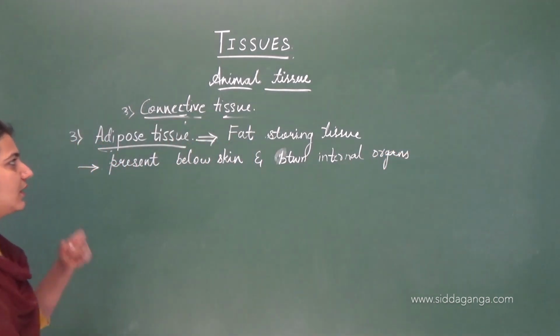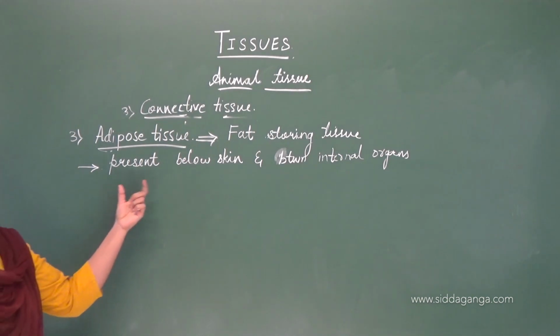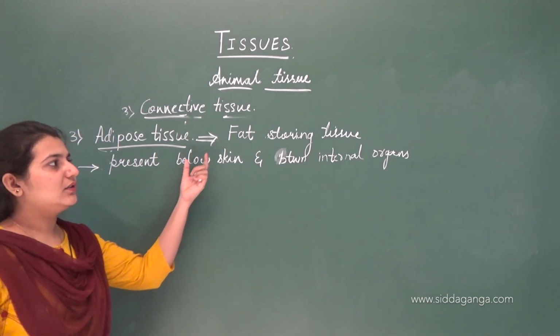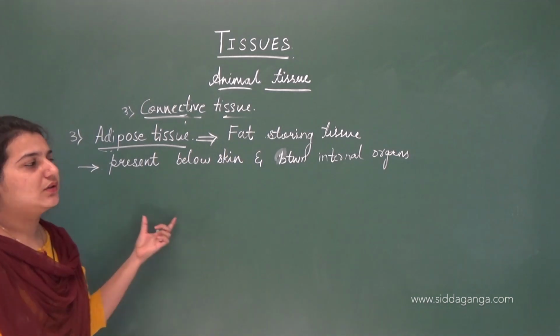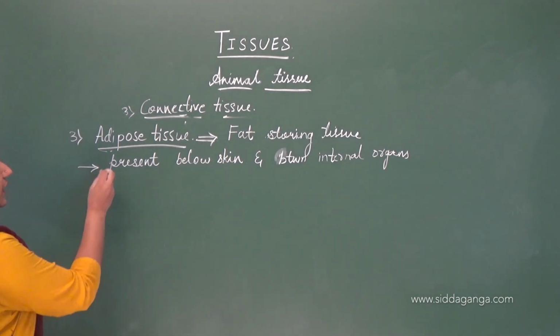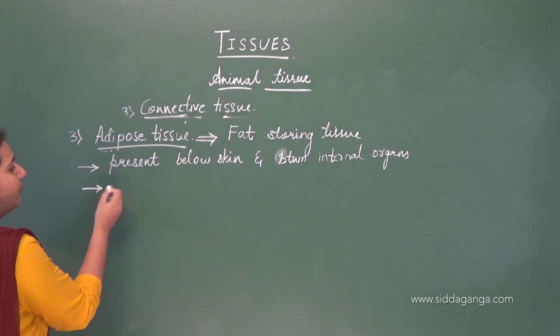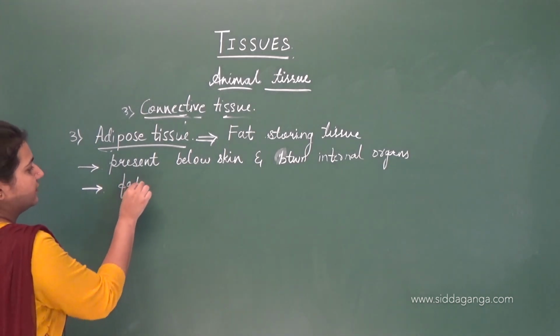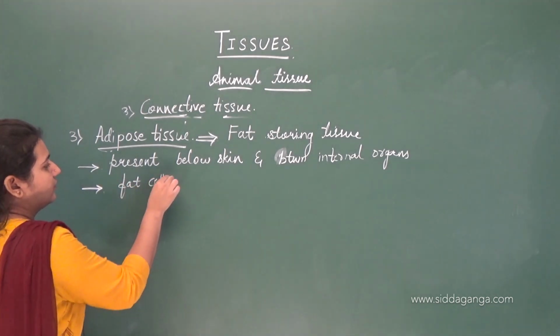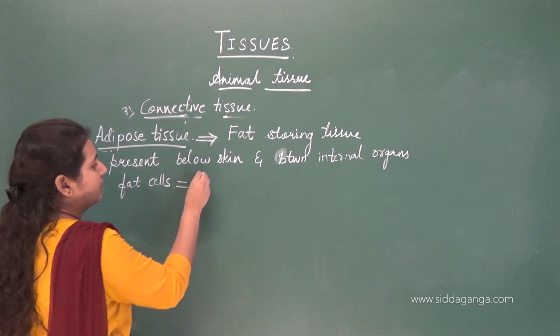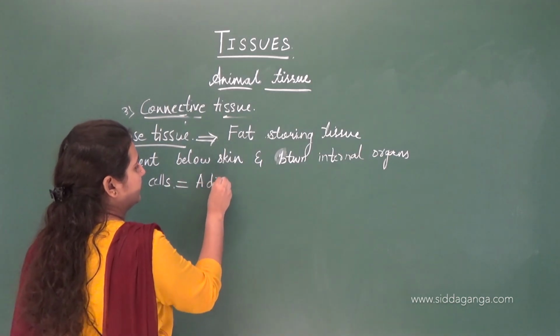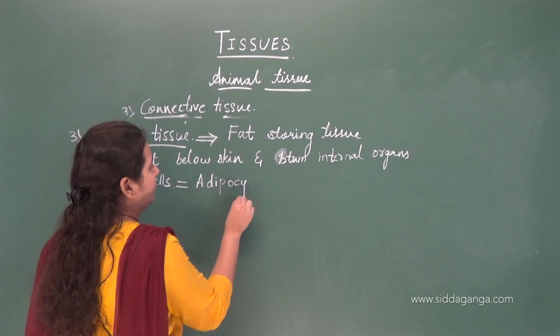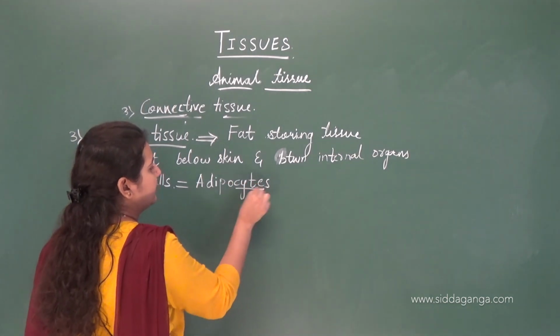These adipose tissues are present exactly below the skin, where our fat gets stored. Clear? So these adipose tissues are made up of fat cells. What are these fat cells called? Adipocytes. Adipo means fat and cyte means cell.